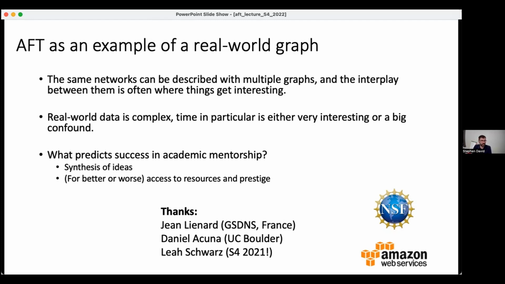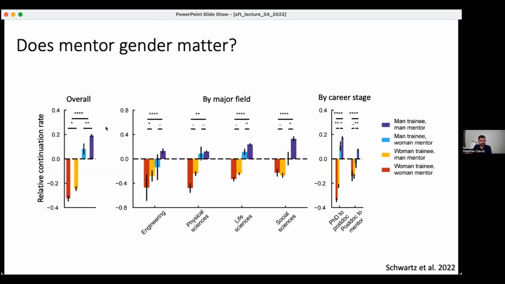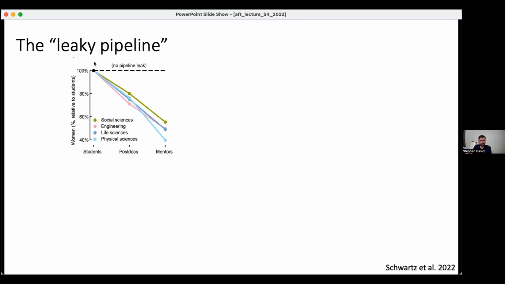And maybe to get back to the point, this idea of the leaky pipeline and temporal dynamics are an issue, right? If I just take a snapshot right now, I will see fewer women postdocs and fewer women faculty, but of course that's reflecting history as well.